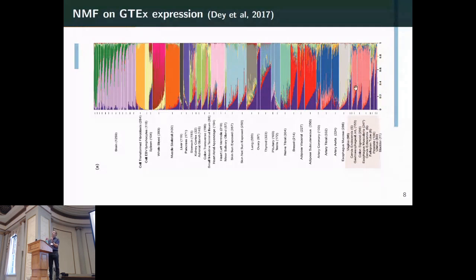And if you look at the genes that are related to this component, they're genes that are related to the smooth muscle tissues.